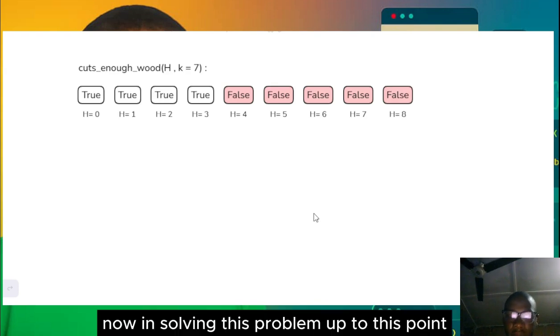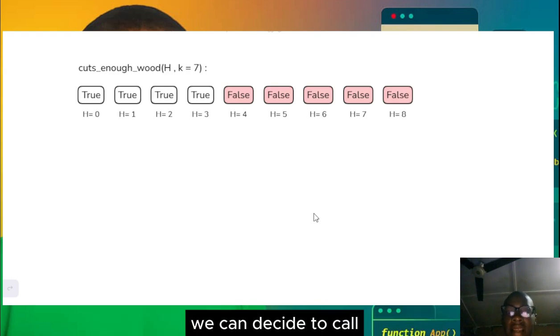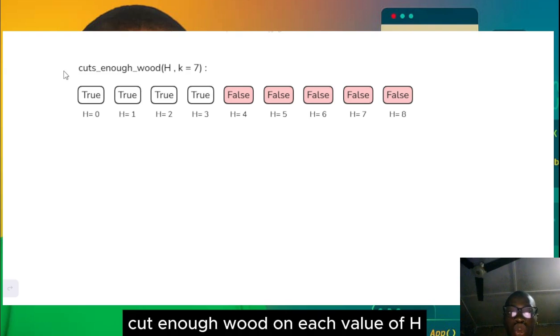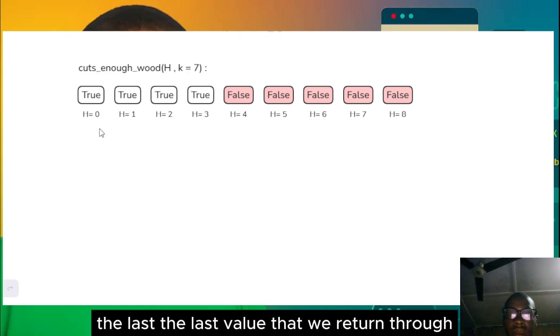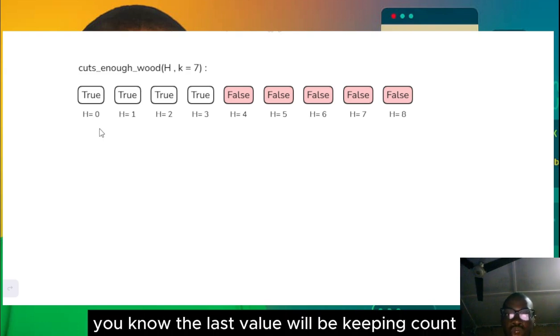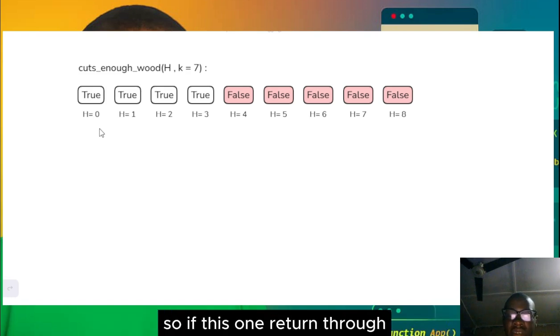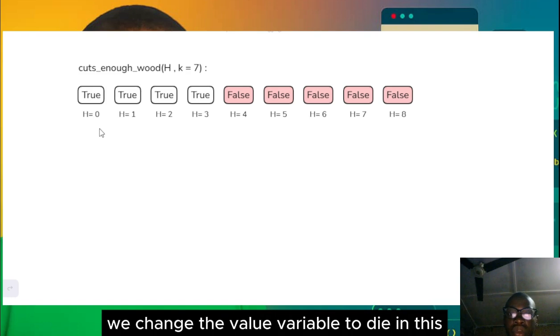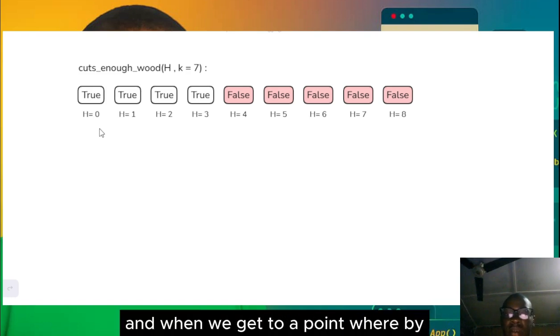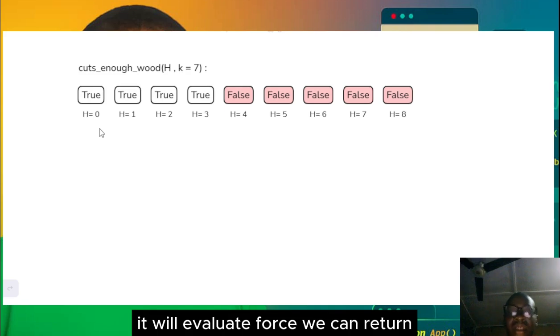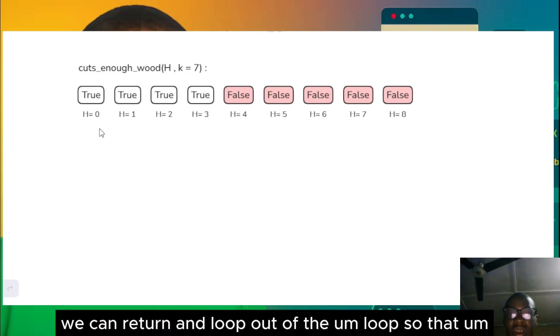Now in solving this problem up to this point, we can decide to call cut enough wood on each value of h from 0 to 8, until we get to the last value that returns true. We keep count and store the variable. So if this one returns true, we change the variable to that index. If it returns true, we change the variable to that index, and when we get to a point where it evaluates false, we can return and loop out.